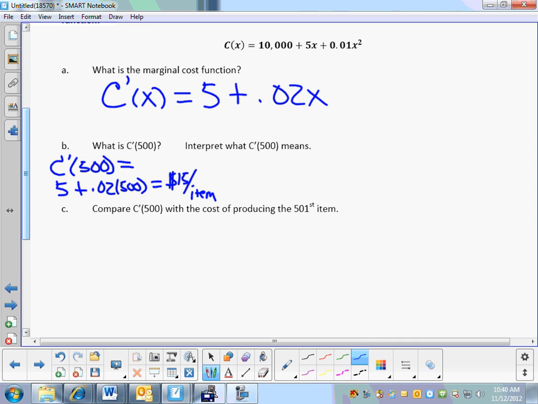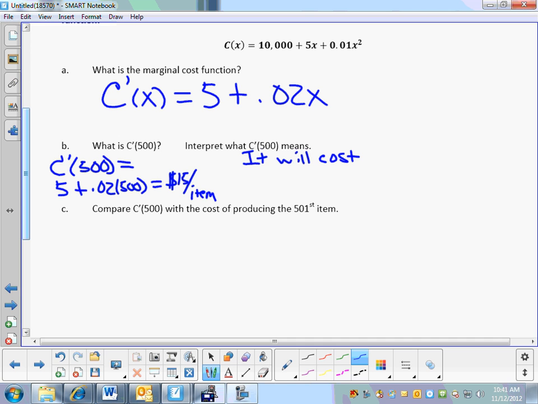Now, interpret what C prime of 500 means. What does that actually mean? Now, hold on, you guys. I want to make sure that we're clear here. This does not mean that the average cost of producing 500 items is $15 an item. It is going to be more than 15, definitely more.